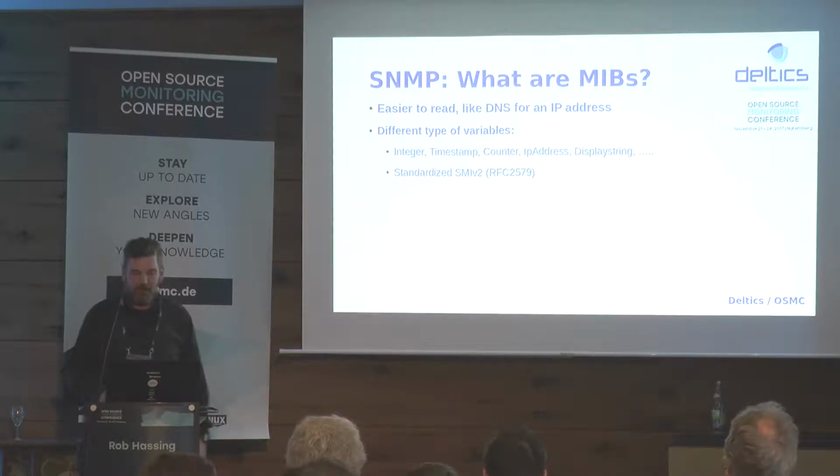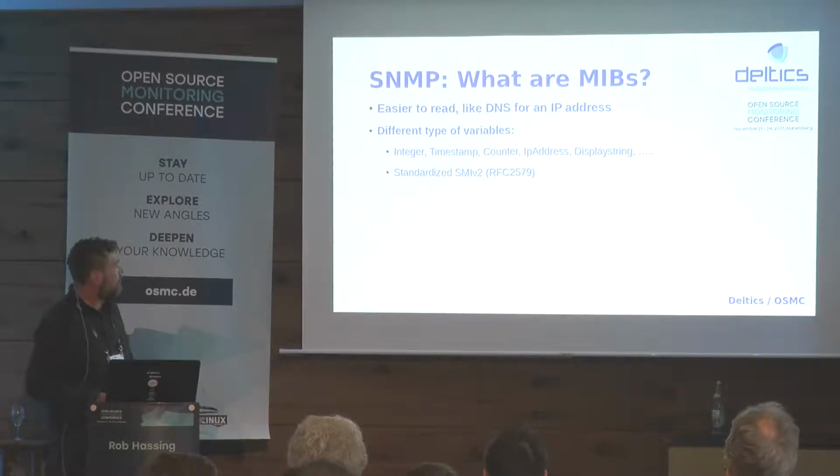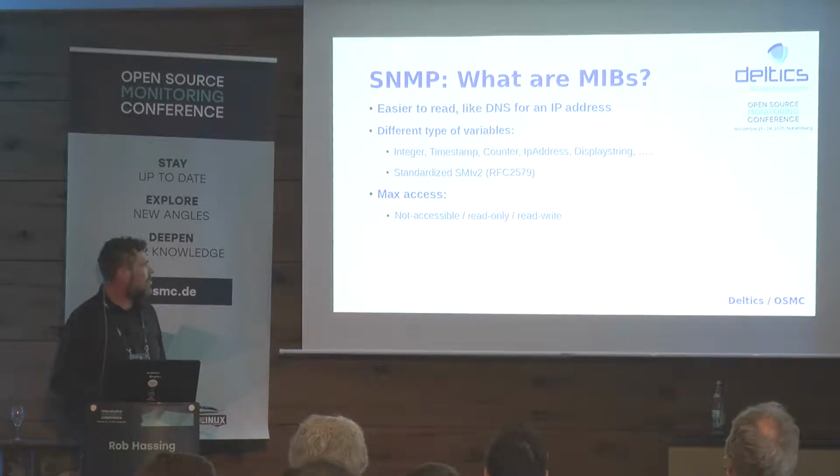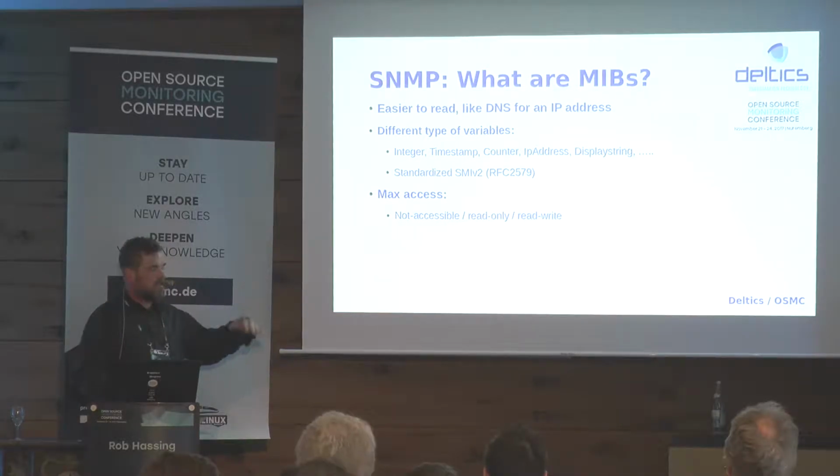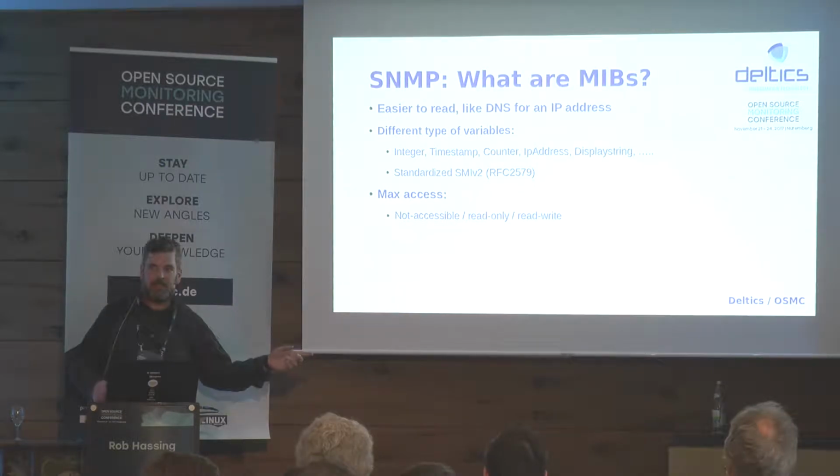It's standardized, of course, and then in the MIB files the access is also described. Some parts are not accessible. There are tables, and I'll explain them later. These are not directly accessible, but the OIDs underneath these tables are accessible, and they can be read-only or read-write.